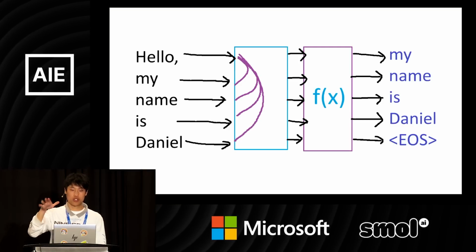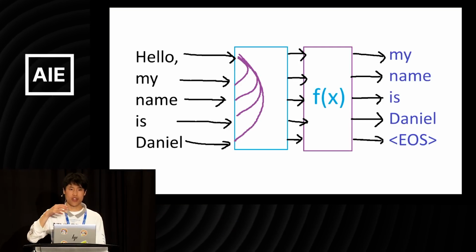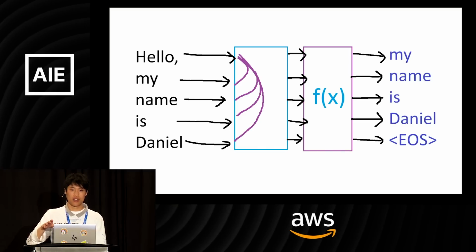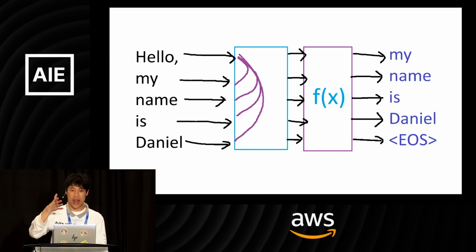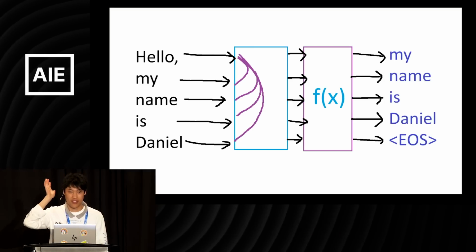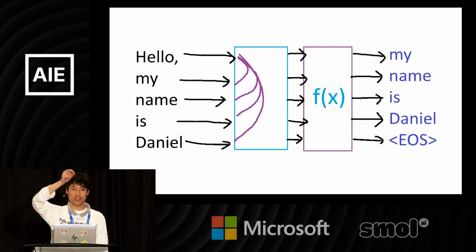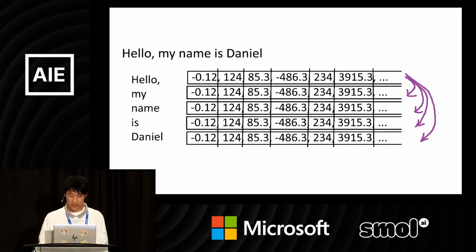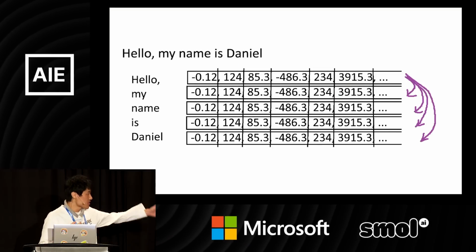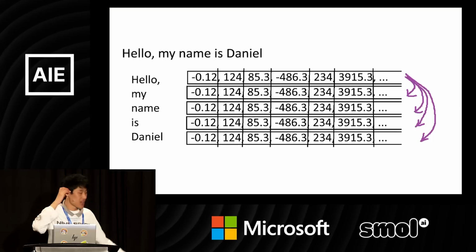So when the tokenizer has 32,000 words, essentially it's an ID from 0 to 31999, right? So hello will have ID 2557. Then you take 2557 and go to the table, which I made, right? Hello has an ID, my has an ID, name has an ID, and so on.